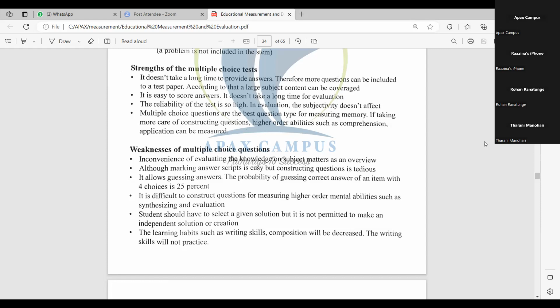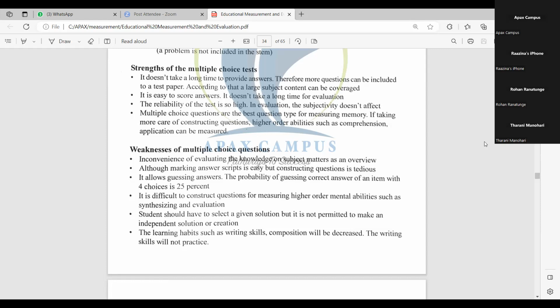It is difficult to construct questions for measuring higher order mental abilities such as synthesizing and evaluation. Students have to select a given solution, but are not permitted to make an independent solution or creation. Right.